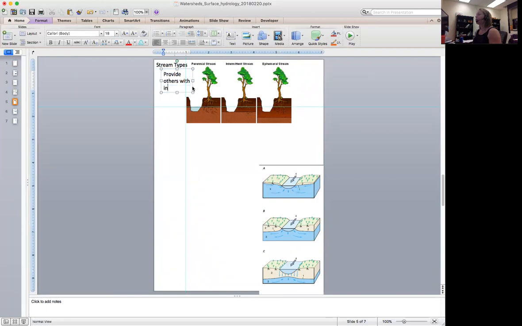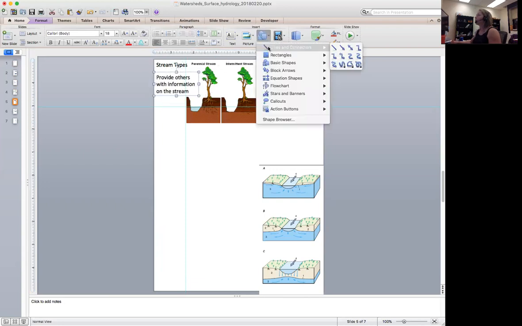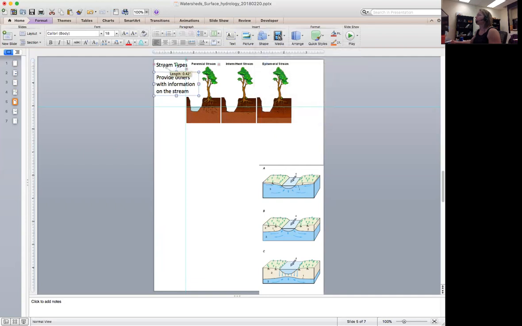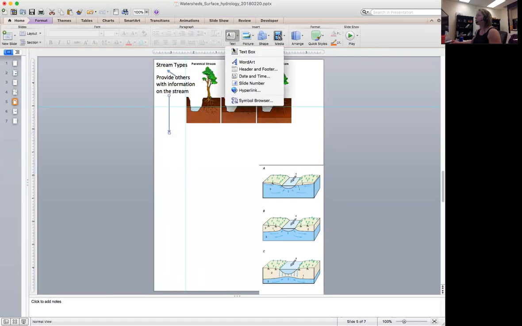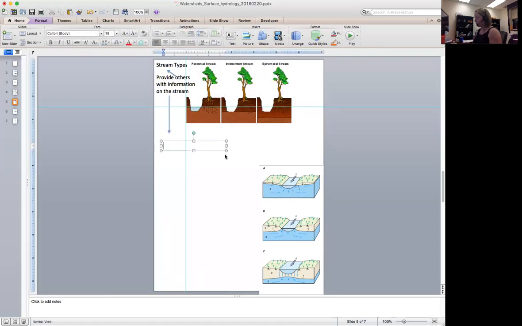So being able to distinguish the stream type helps to provide others with information on the stream. That's why we care about giving them stream type. So we have 3 different kinds of stream type that we talk about. These stream types characterize, in general, or answer questions.